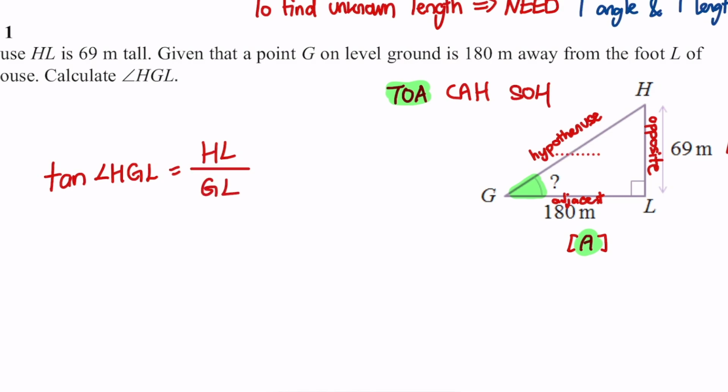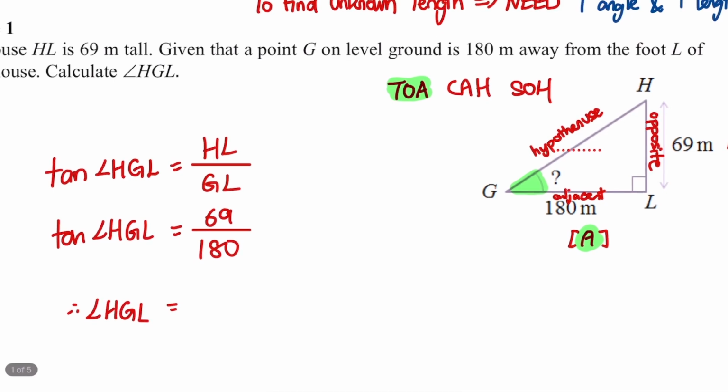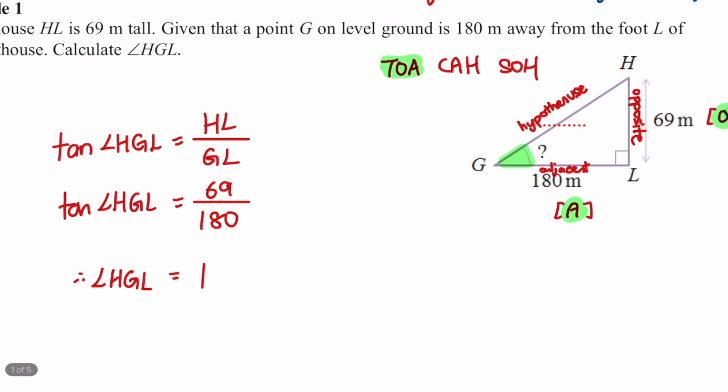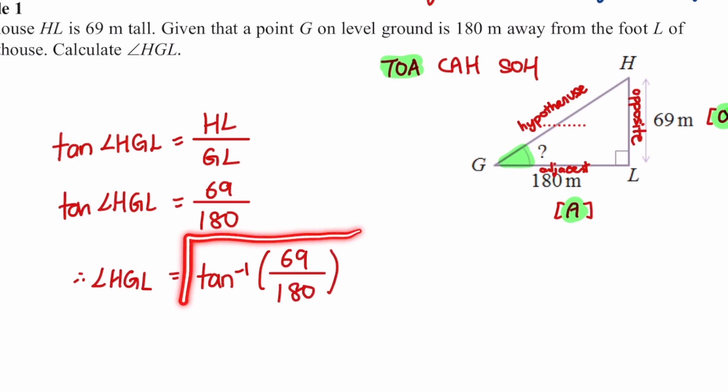Then I can sub in the values. I know that HL is the length 69, GL is the length 180. In order to find angle HGL, I will have to take the inverse. So angle HGL will be tangent inverse of 69 over 180. Then you press this exact value into your calculator.